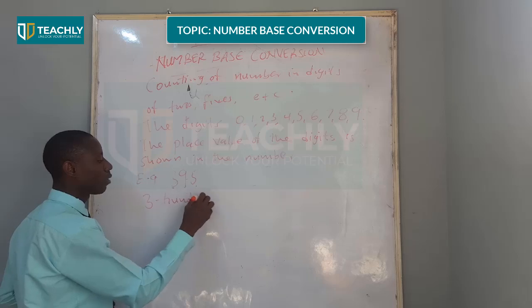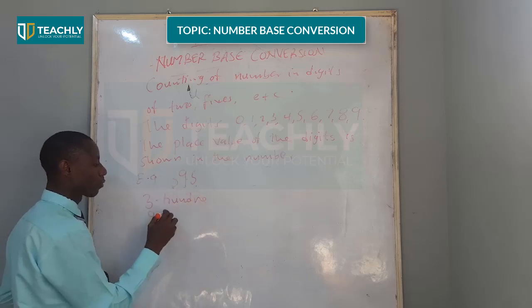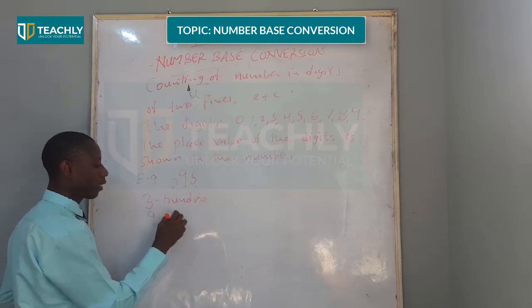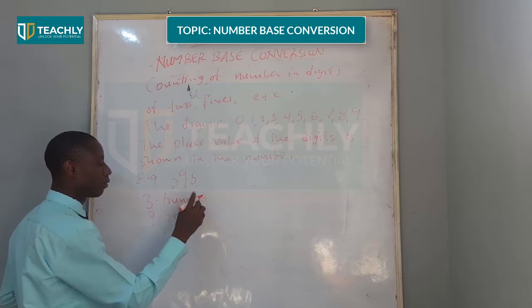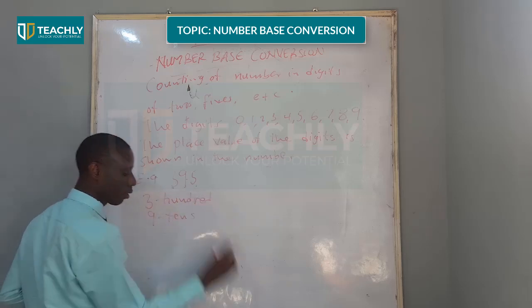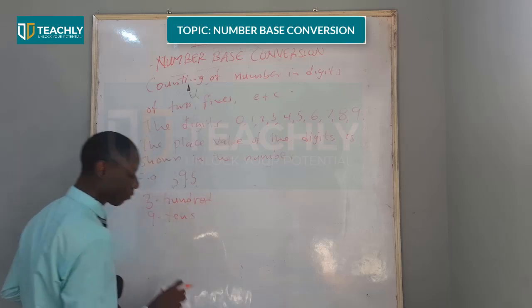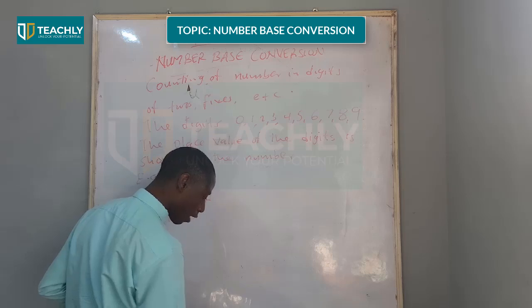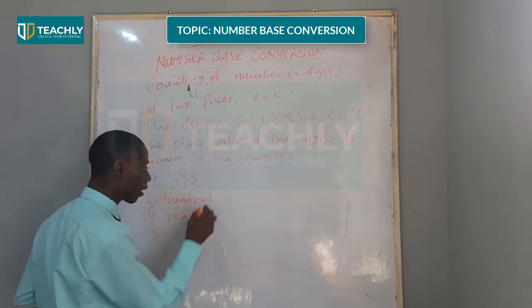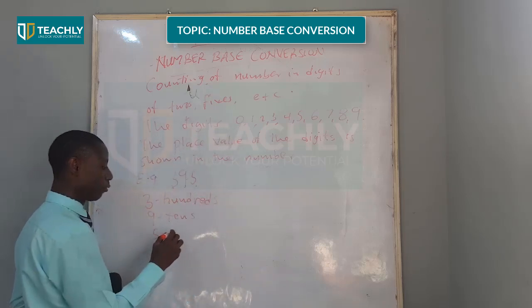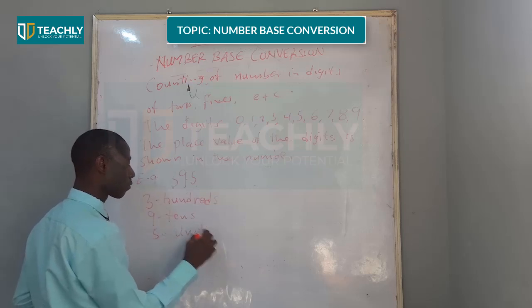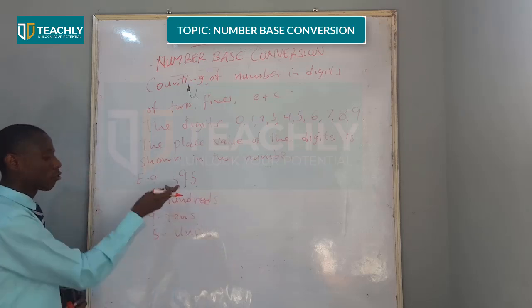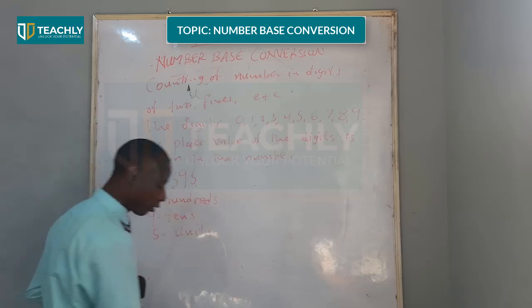The 9 here stands for 90. And the 5 here stands for 5 units. So this shows the value of each digit.